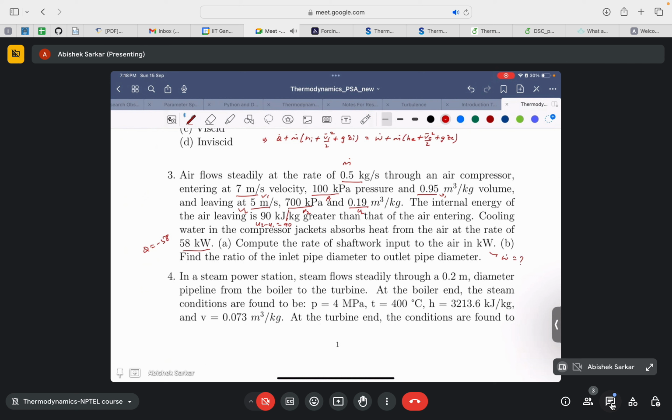All terms are given. Since pressure is given, volume is given, internal energy change is also given, so you can easily find the net change in the enthalpies as well, right? So everything is given, you just need to find W dot.